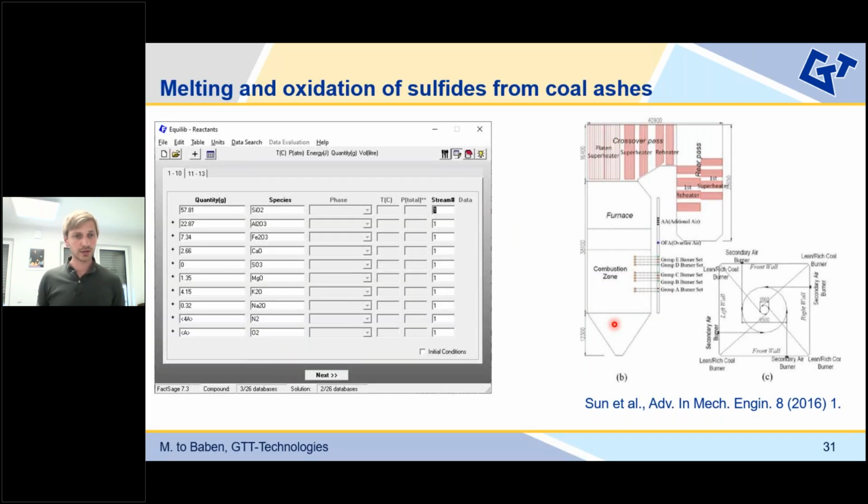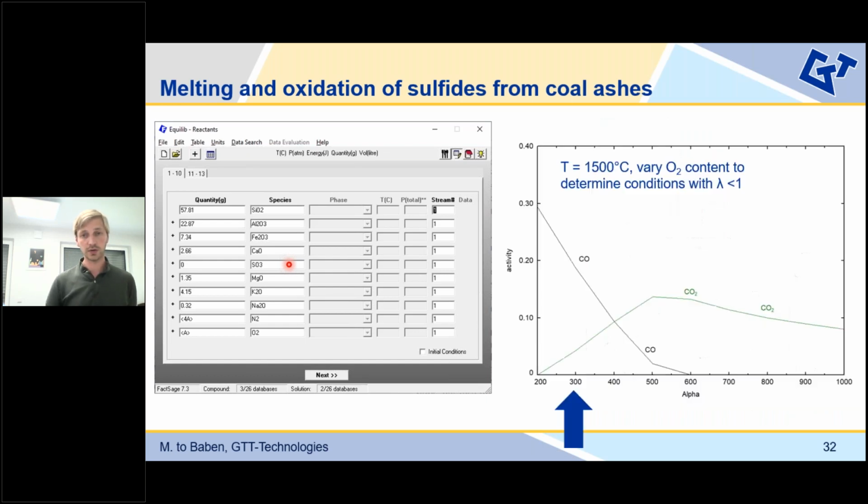So how do we set up these calculations? This is again the same ash analysis we had before. I have still set the SO3 content to 0 because now in these 11 to 13 we have additional sulfur from the proximate analysis.